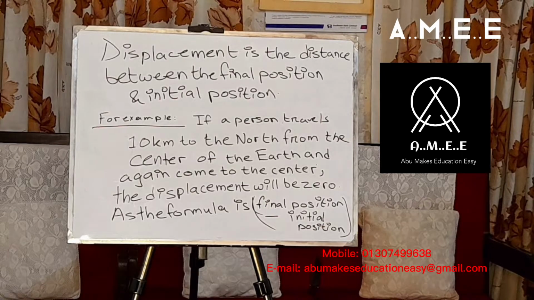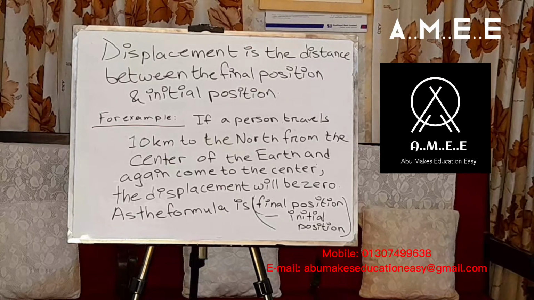Think of one step as 1 kilometer. If you walk 10 steps forward, then stop there and come back 10 steps, you will end up in the same position from which you started.